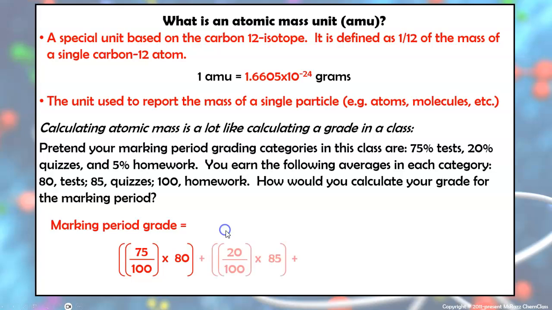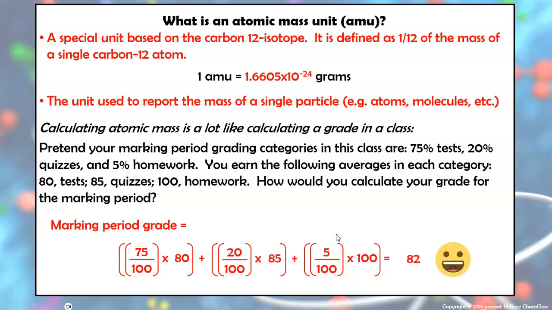Then you add that to 20%, which is 20 divided by 100 times the grade you got, which is 85, plus homework, which is 5%, so 5 divided by 100 times the grade that you got. Once you calculate this, it adds up to your actual grade in the class, which would be 82%.